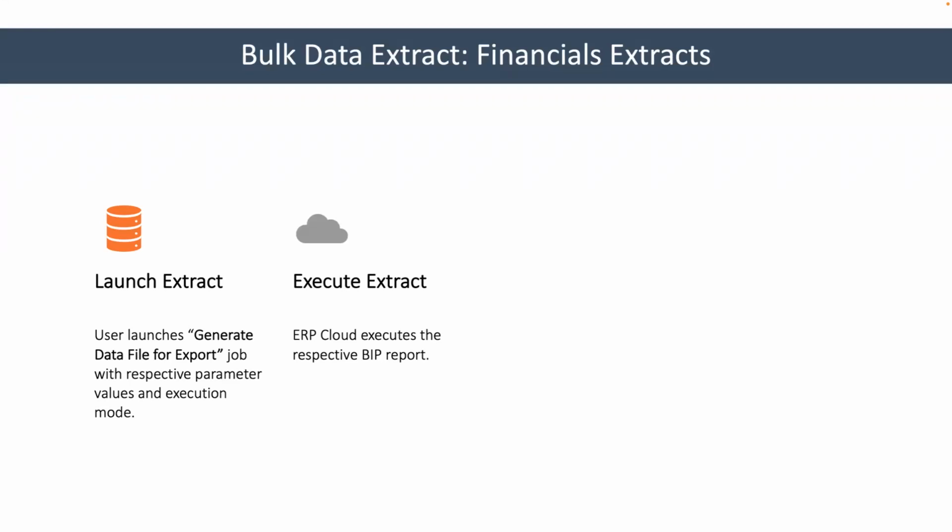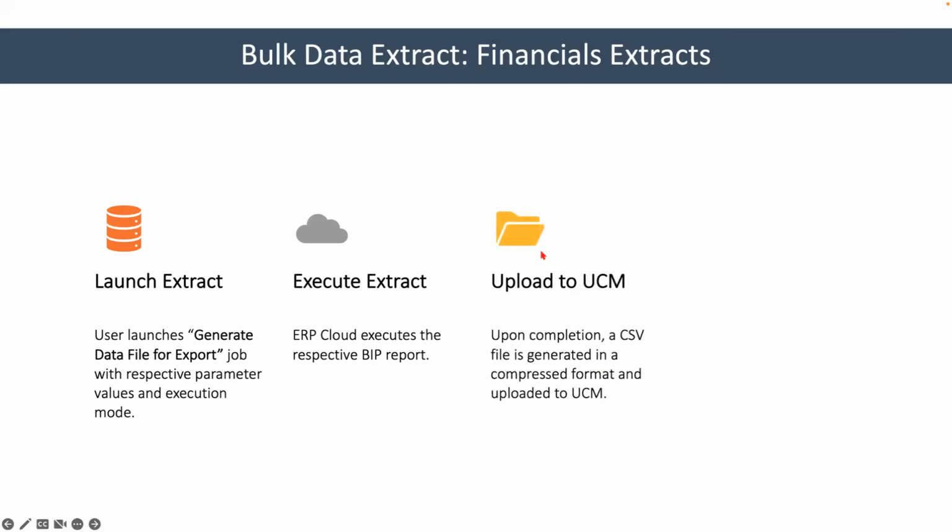Then you use this kind of extract to extract financial data, and then you build reports or APIs to push the data out to those services. Or data can also be uploaded into UCM, just like we did. And you can also download data from UCM using web services.